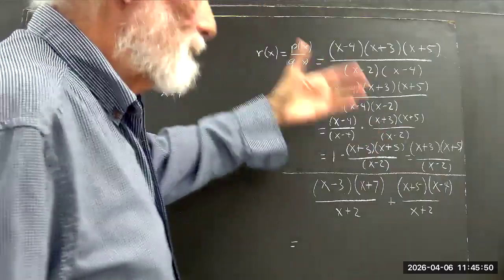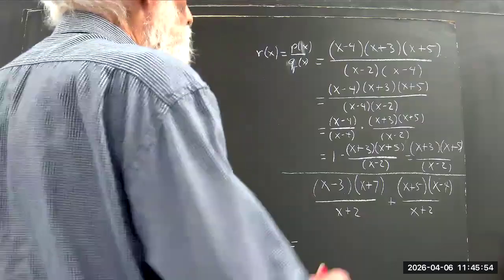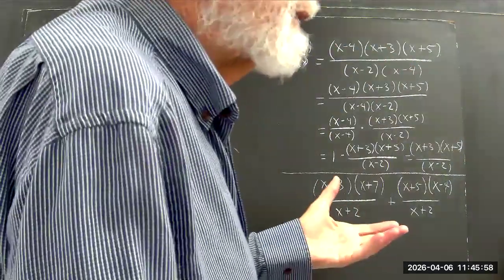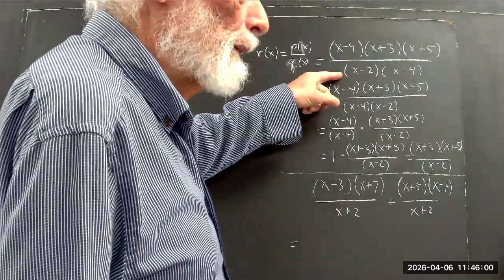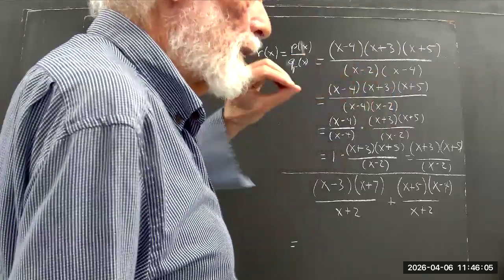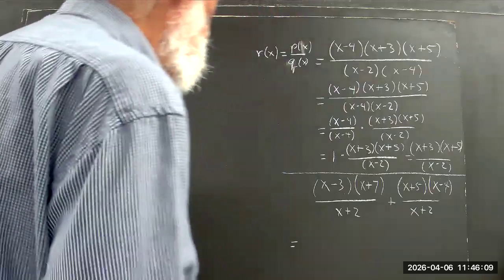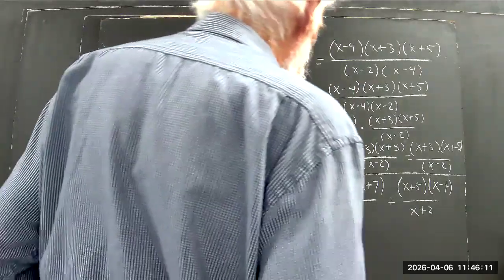There are other common errors that come out from crossing things out. Some people want to cross out the -4 and the -4. -4 is not a factor of the denominator. -4 is not something you could factor out of the denominator, okay? Can't do that. Okay, got to be factored.